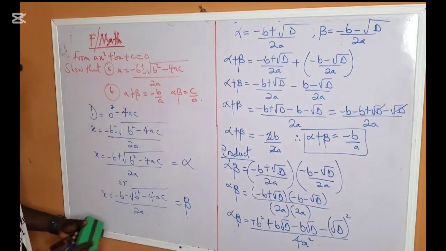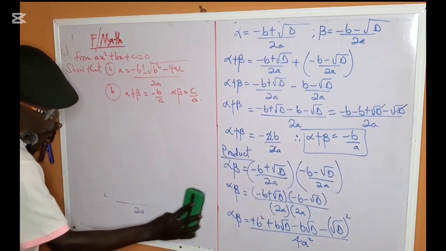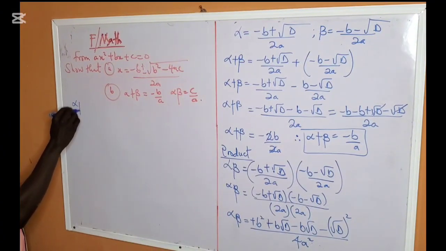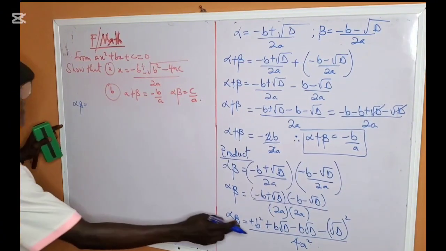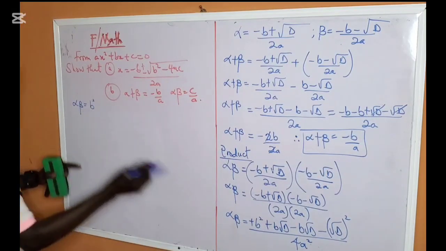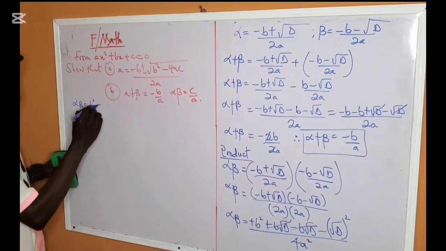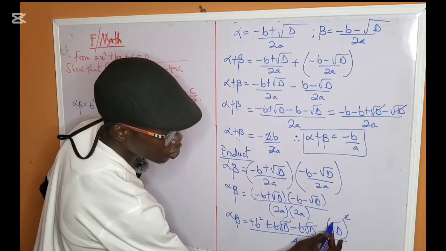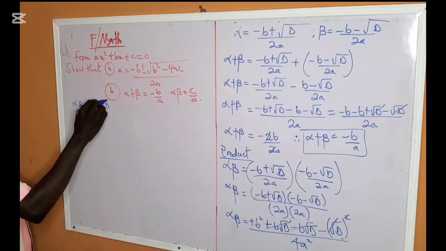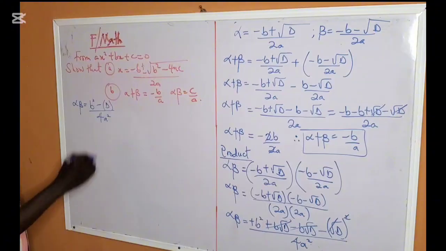So the next thing to do is to simplify. From this point, alpha beta equals b squared plus b root d minus b root d, they will cancel each other. So it's going to be minus d remaining over 4a squared.